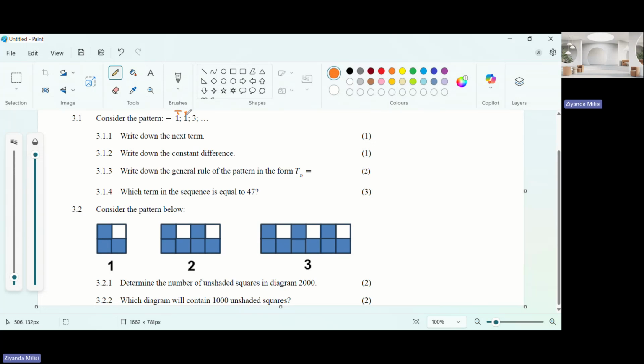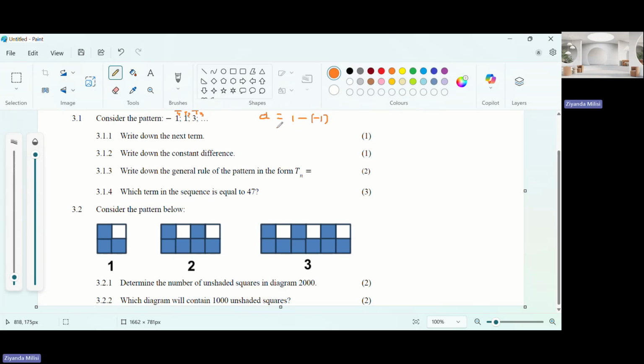Okay, so we've got term 1, T2, and also our term 3. Forgive my handwriting, don't mind it, but you can hear me. Just work out your constant difference. D is equal to T2 minus term 1, so it's going to be 1 minus of minus 1.